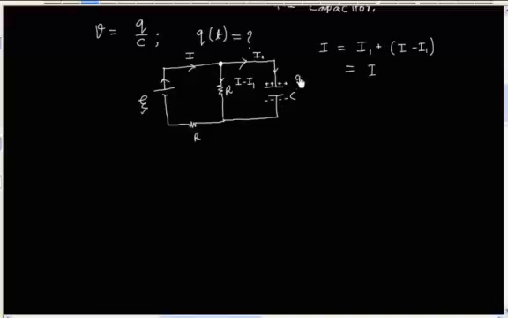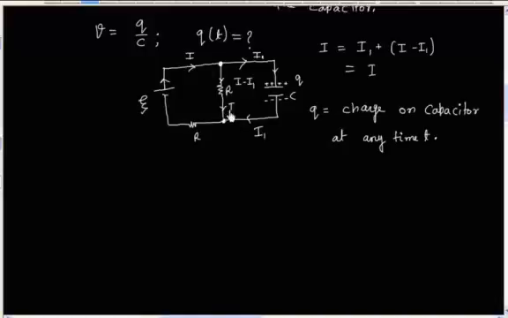Let us say at any time the charge is Q. So the current through this section is I1 and through this section is I minus I1.